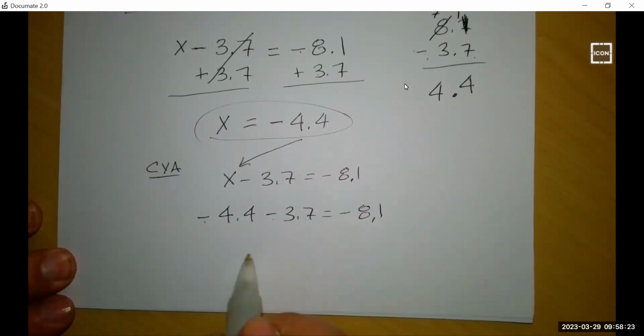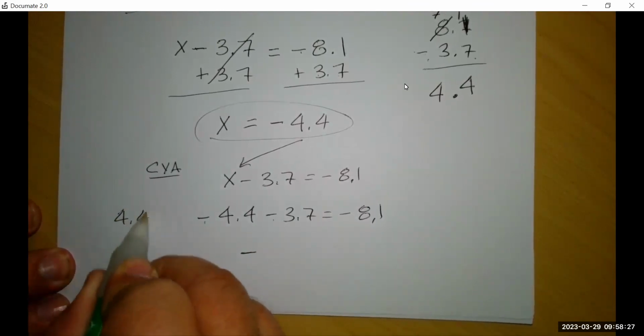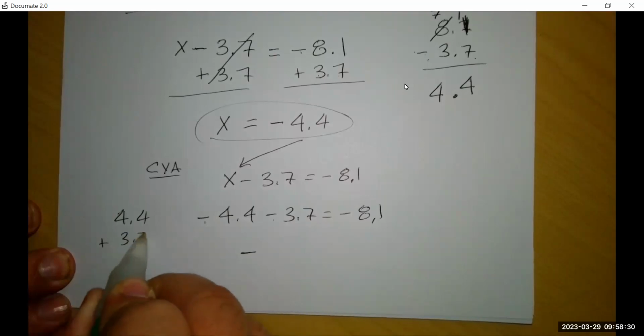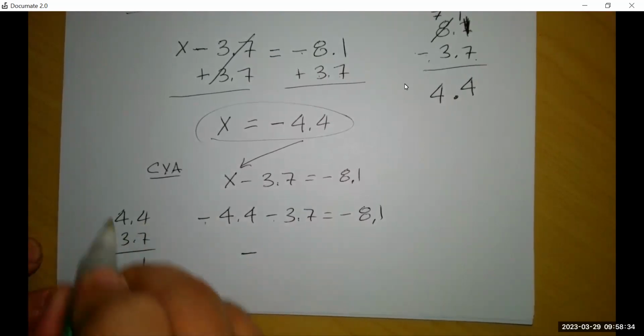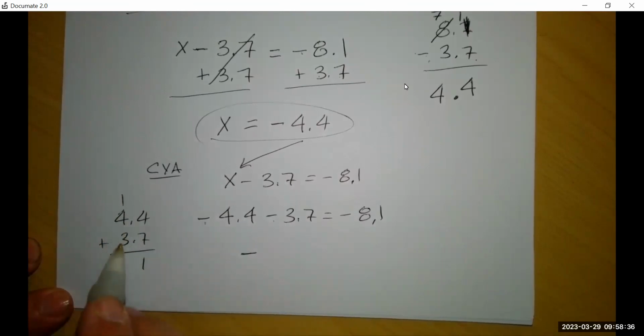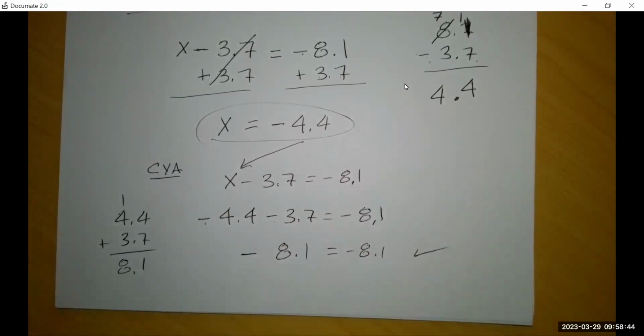They're both negative, so the answer is negative. 4.4 plus 3.7, so now we add the two numbers. 4 plus 7 is 11. 4 plus 3 is 7, plus 1 is 8. So negative 8.1 is the same thing as negative 8.1, so it's a good answer.